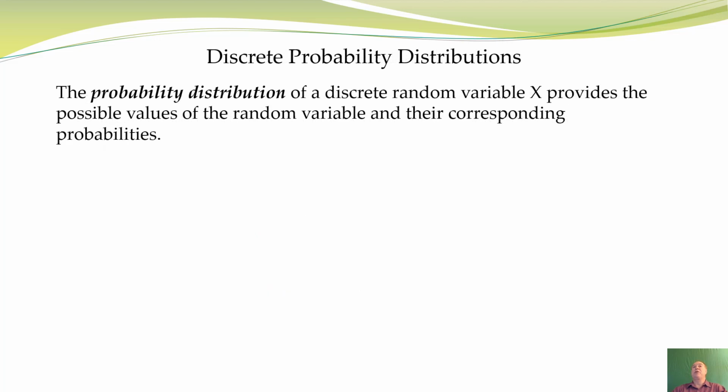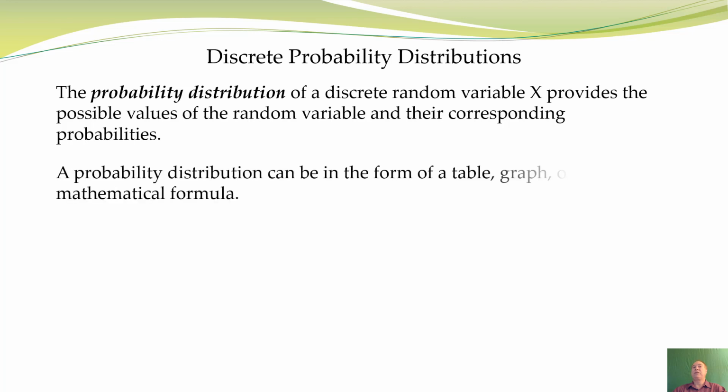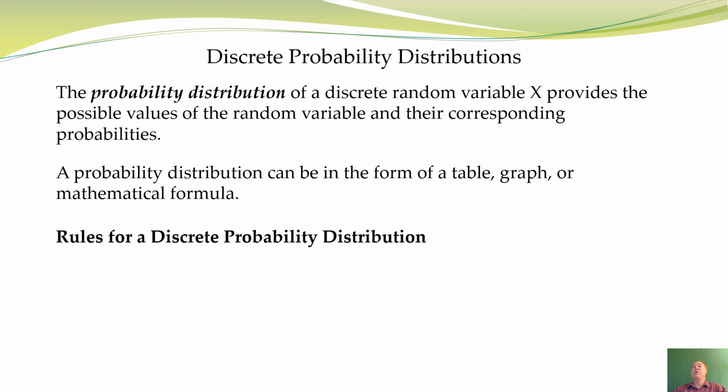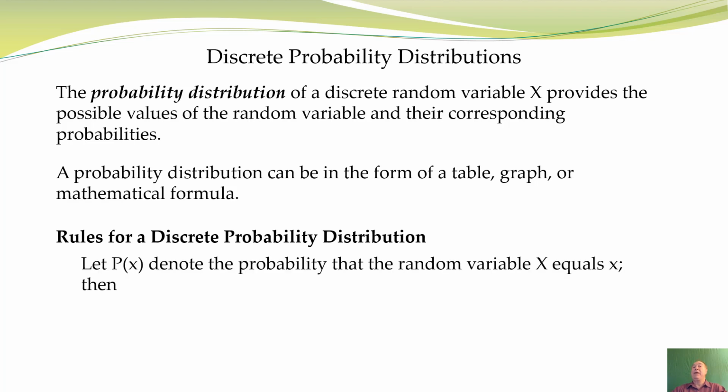The probability distribution of a discrete random variable X provides the possible values of the random variable and their corresponding probabilities. A probability distribution can be in the form of a table, a graph, or mathematical formula. Rules for a discrete probability distribution. Let P of X denote the probability that the random variable X equals x.